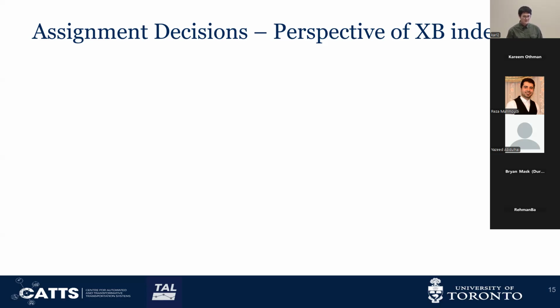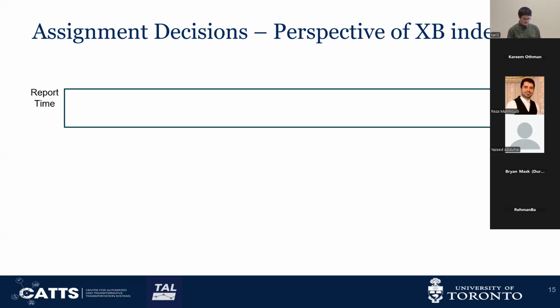So that makes them very heterogeneous among one another. So that means we have to look at this problem from the perspective of a single extra board driver. So with the index j in this case. So for this driver, we know their report time and their end time.